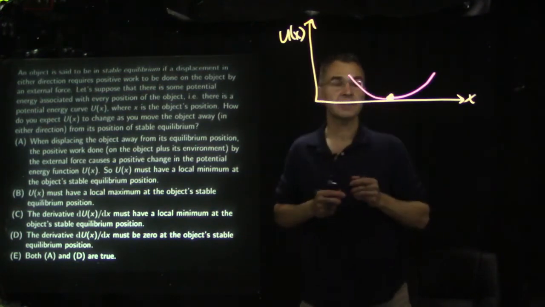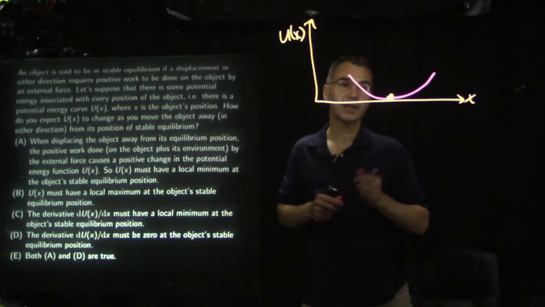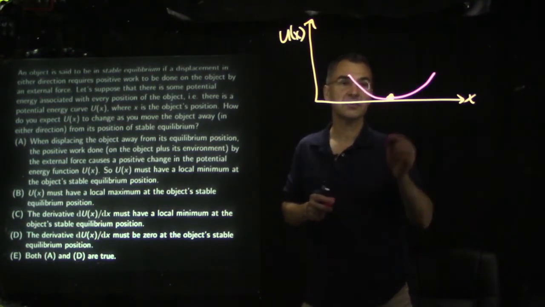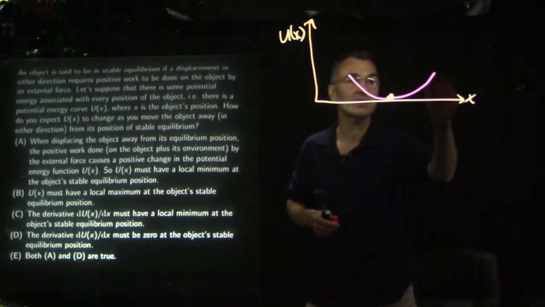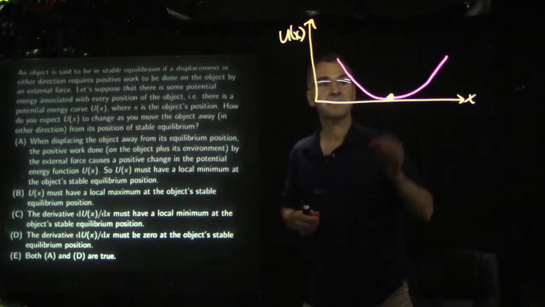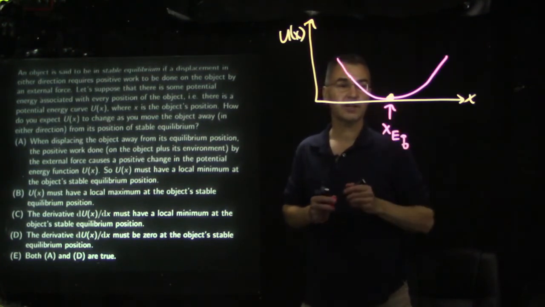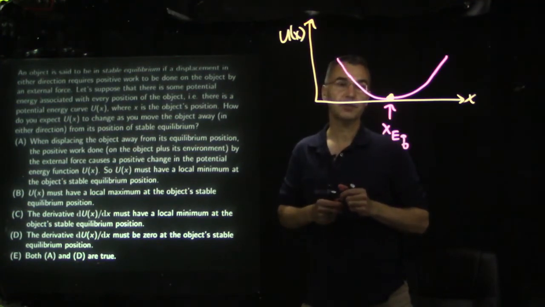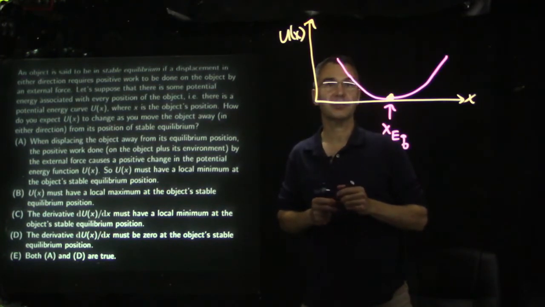So I think that somehow, if it is at equilibrium, it must be true that displacing it in either direction increases its potential energy. So I think that must imply that at an equilibrium point, so we could say this is some equilibrium value of x, an equilibrium point must be the local minimum of the potential energy function, you see?